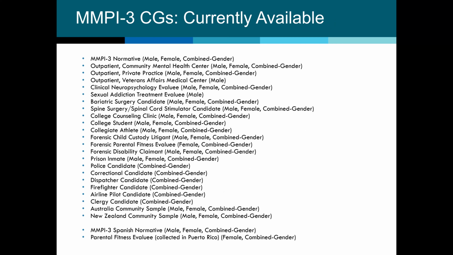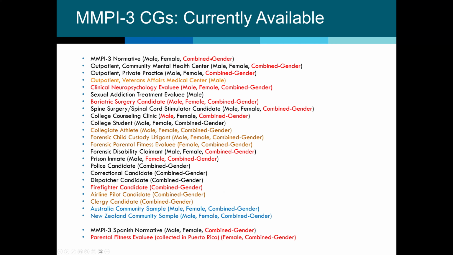As you can see on this slide, the list is quite a bit longer. We're, as I mentioned, regularly adding comparison groups to the scoring software. And I've color-coded the comparison group list here. All of the ones in red are comparison groups that were added prior to the most recent release to the scoring software.